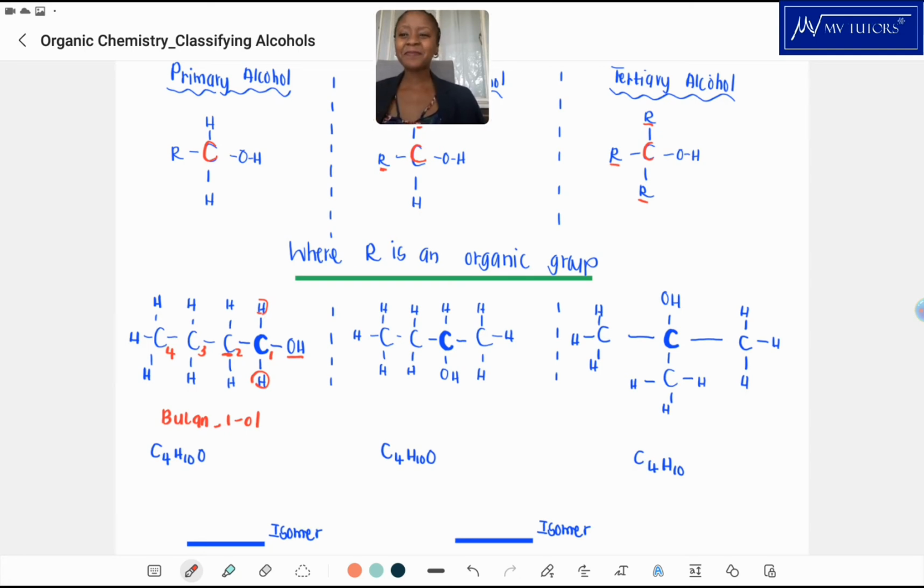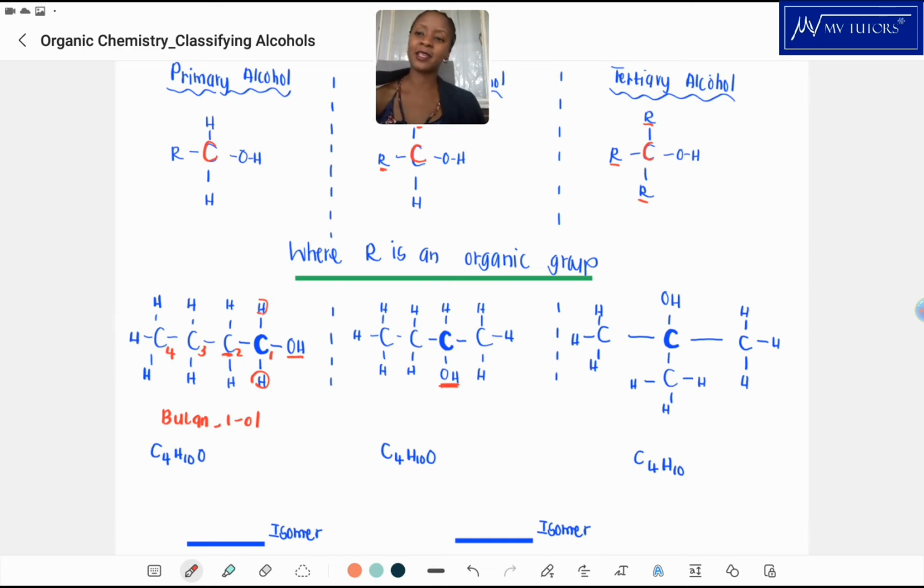Secondly, we still have 4 carbons. So we still have a butanol, but where is our hydroxyl group? I see this is my hydroxyl group over here. The carbon that it's attached to, there it is, it's bold. And how many other carbons are attached to that bold carbon?